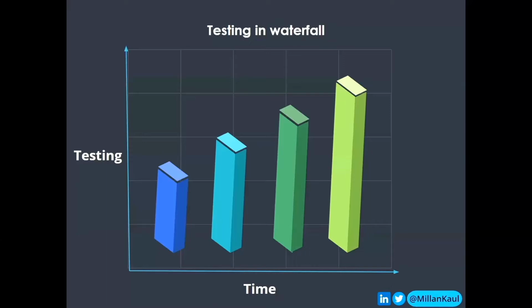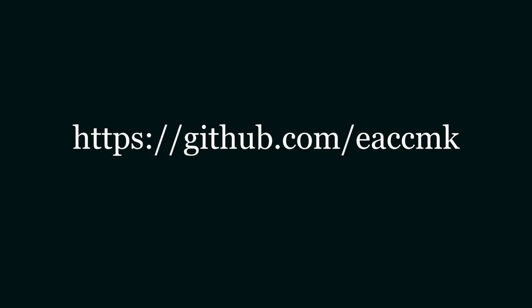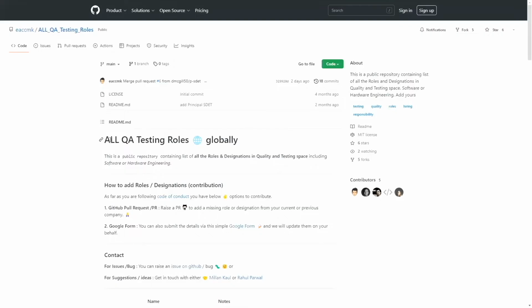The traditional tester role has evolved very much. As a matter of fact, I created a public GitHub repository to see how many varieties of role there are for a tester now. Let's have a look. I called it all QA testing roles globally.